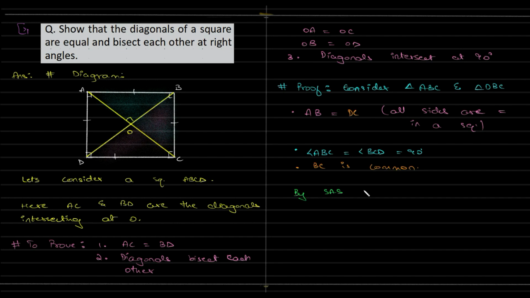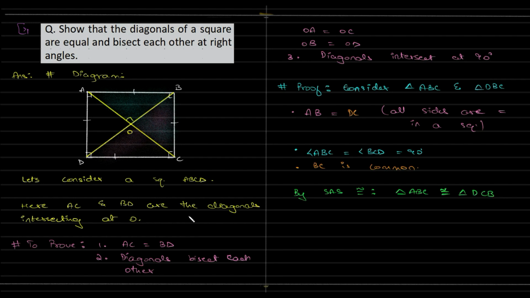By SAS congruency triangle ABC is congruent to triangle DCB. Okay, no, here I should be writing in the form of DBC, DCB.